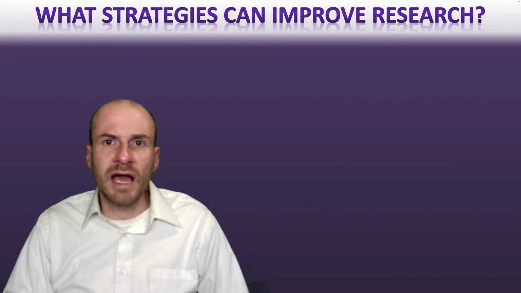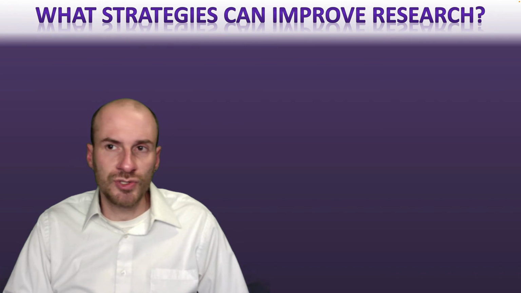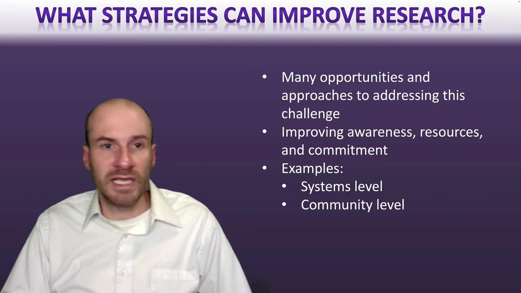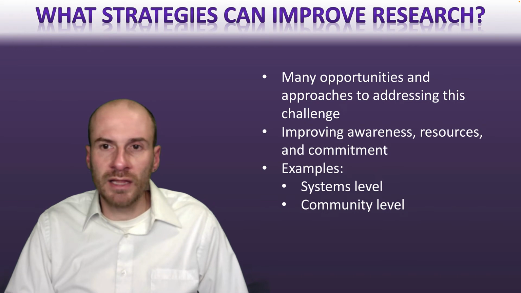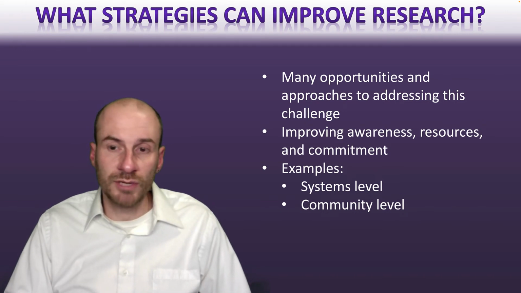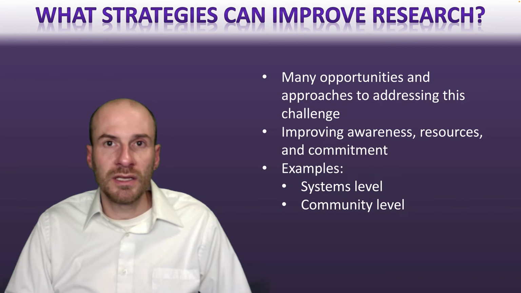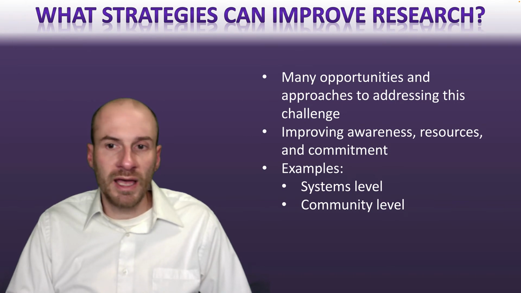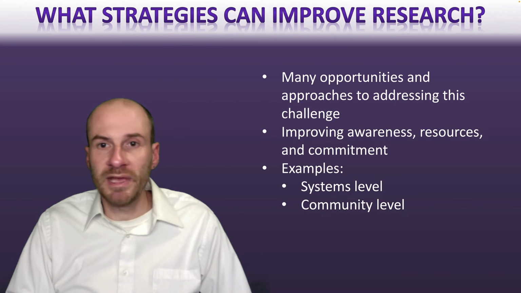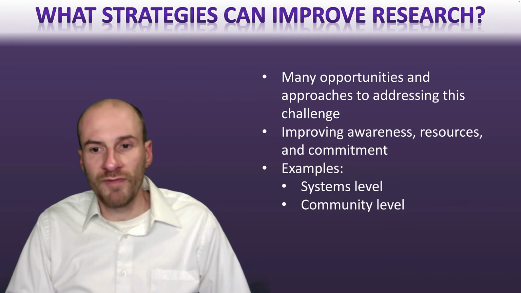So getting to the idea around adopting strategies to improve health research and improve equity in health research. There's many opportunities to do this, right? And a lot of them are what I just talked about in the previous section in terms of raising our awareness around these types of challenges, identifying resources that can be contributed to changing research, to making sure that scholarship is more diverse, and creating policies that help commit us to actually doing this more effectively, right?